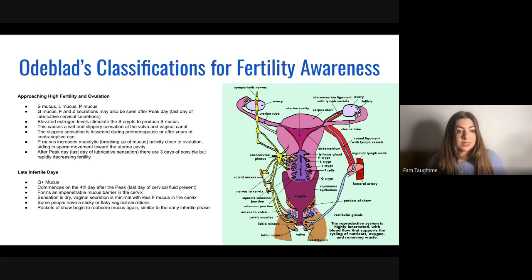And then in the late infertile time, after the fertile window is concluded, you have the G plus mucus. So 4 days or so after the last day of cervical fluid, the person is going to have their G mucus plug set again, forming that impenetrable mucus barrier in the cervix.